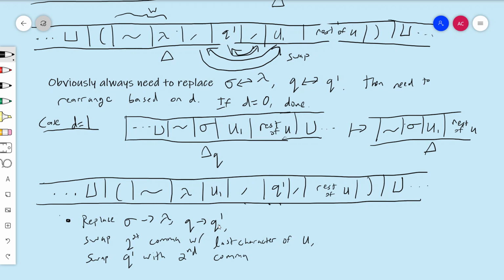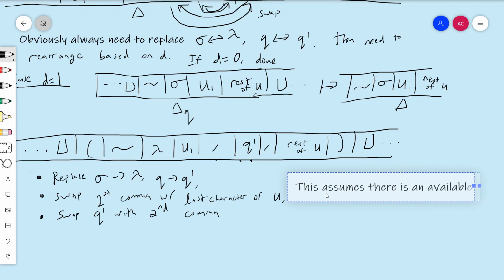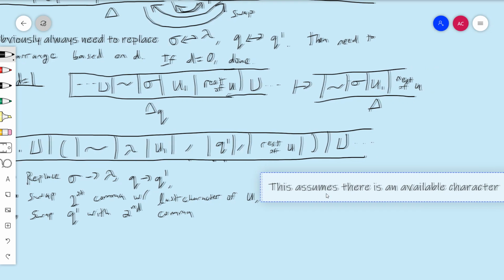Now, that'll do, assuming that there's something over here. That'll do, assuming that U1 exists. So, this assumes that there is something to swap. This assumes there is an available character to swap.